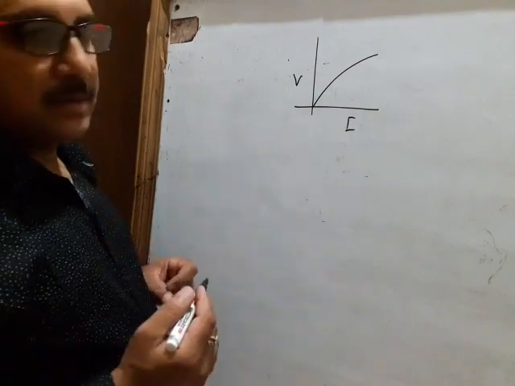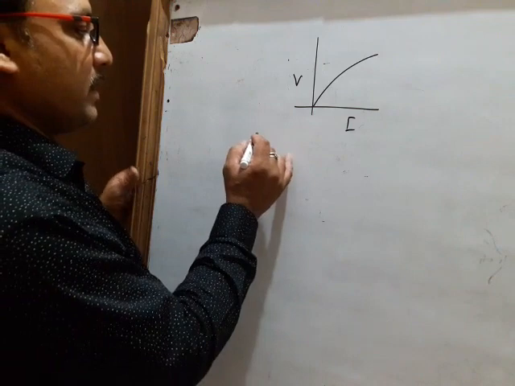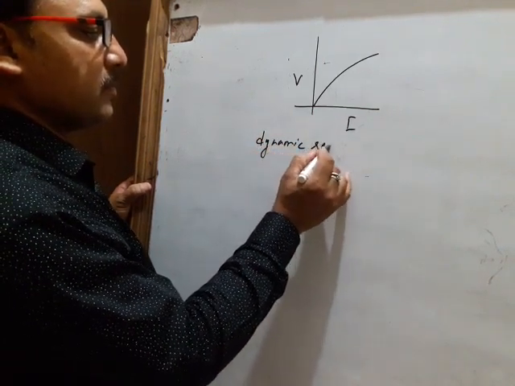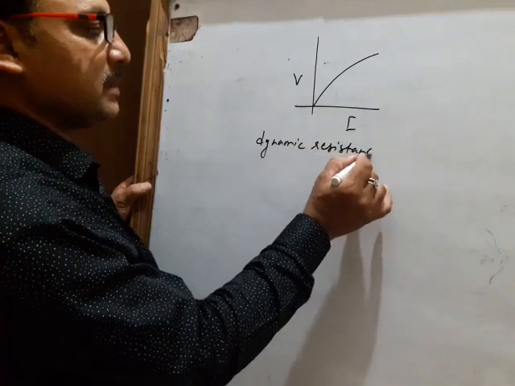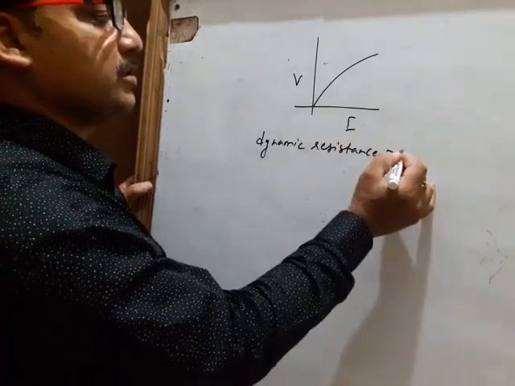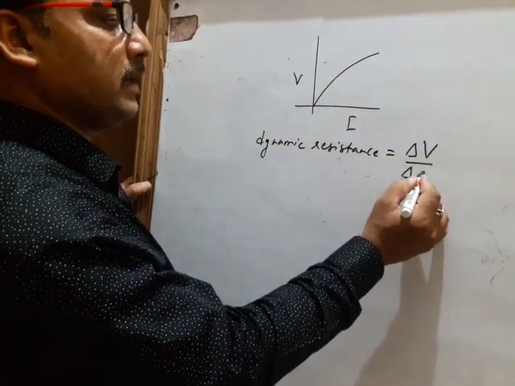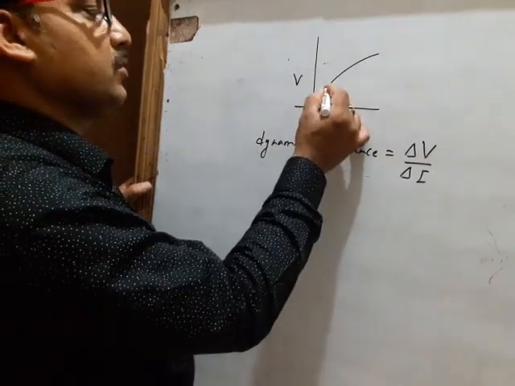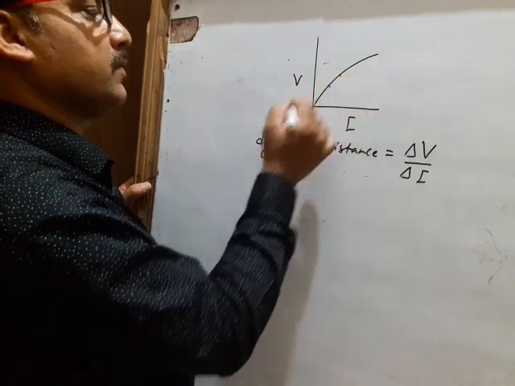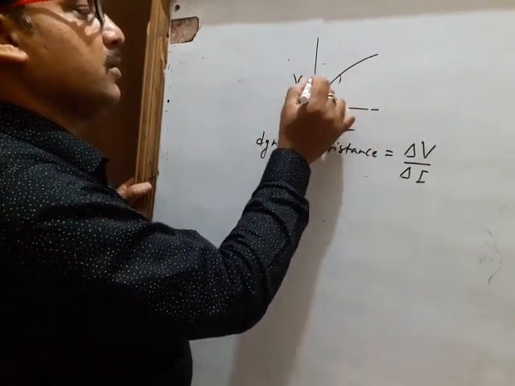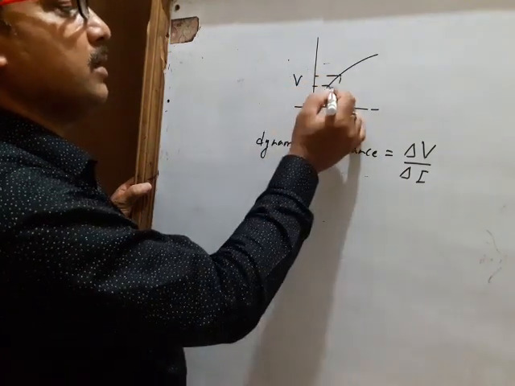For such substances, you can find dynamic resistance. Dynamic resistance is given by a small change in potential delta V upon delta I. You can take any 2 points on the graph and you find the values of current and potential.